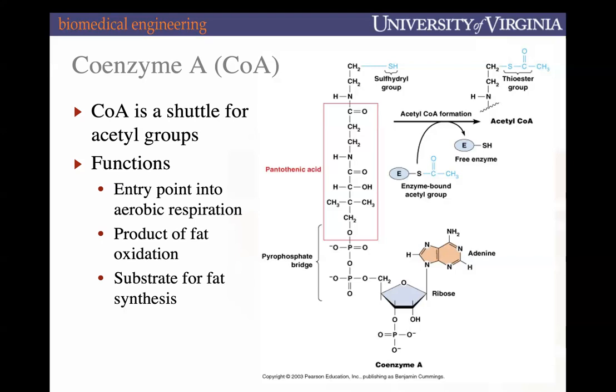It's also going to be really important for fat oxidation, which is how we take fats or these fatty acids and use them to enter into some of these metabolic pathways. And it can also be used in the reverse, where instead of breaking down fats via oxidation to create metabolites that can enter into these pathways, it can also take some of these metabolites and reverse and develop fat.